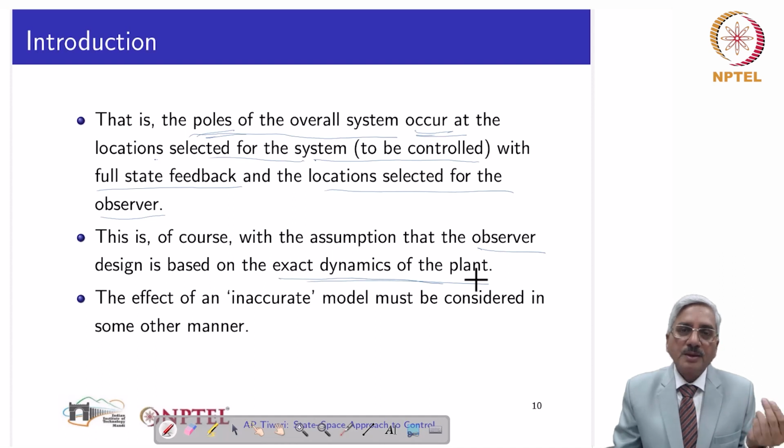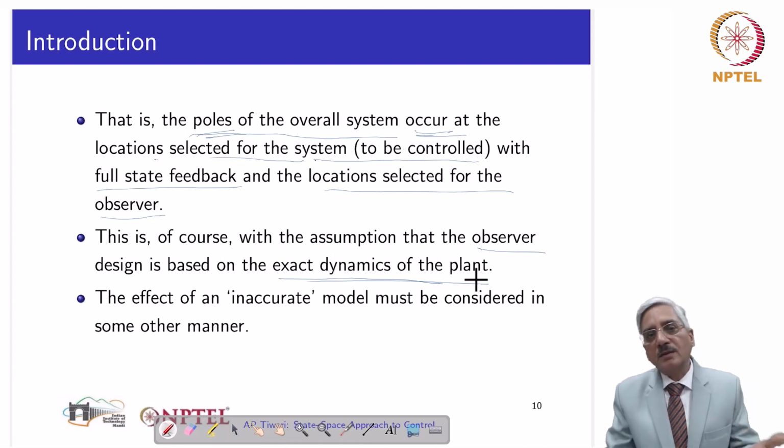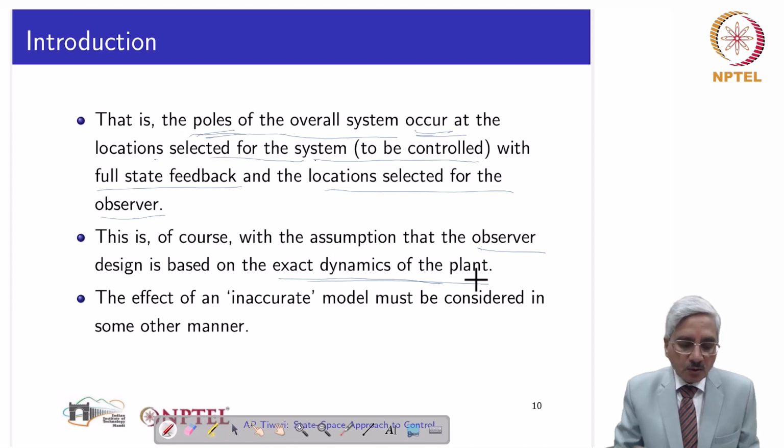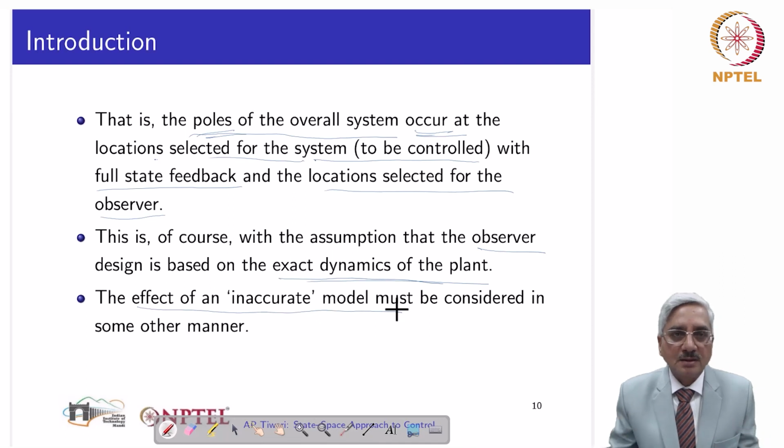If, however, the system x dot equal to Ax plus Bu, that model, is not a true representation of the given physical system, then in that case we have an inaccurate model. So what is the effect of an inaccurate model and how to consider this?